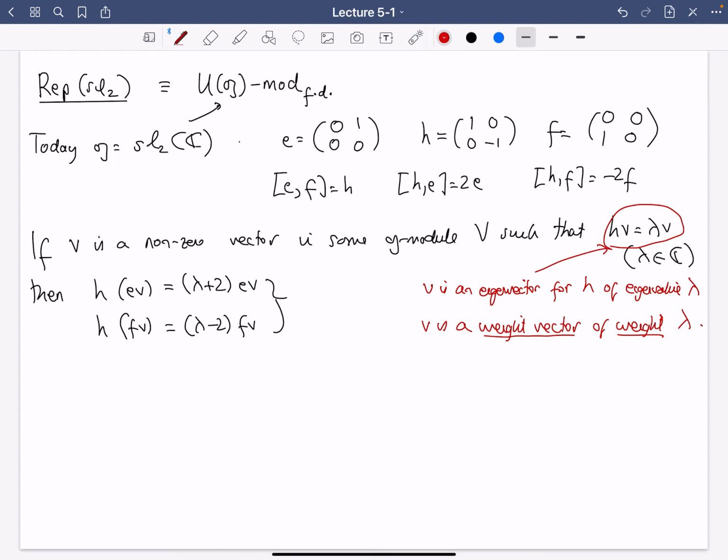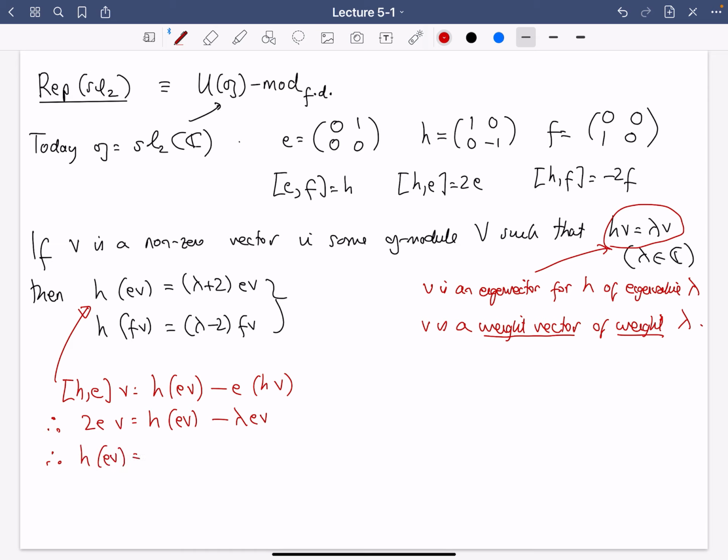Let's prove this. Let's at least prove it for the E case. So by definition of module, HE acts on V as H of E of V minus E of H of V. And HE is 2E. And HV we're assuming is lambda V. And then you just rearrange that and you get what we want.